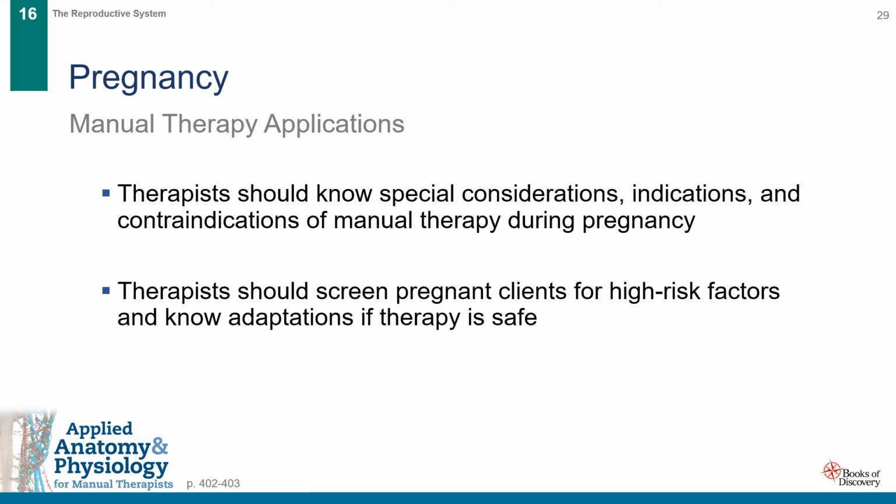Some of these high-risk factors include age under 16 or over 35, diabetes or heart disease, history of miscarriage or multiple abortions, pregnancy with twins, triplets, or multiples. If the mother is healthy enough to receive manual therapy, adaptations in normal bolstering, positioning, and techniques are required.